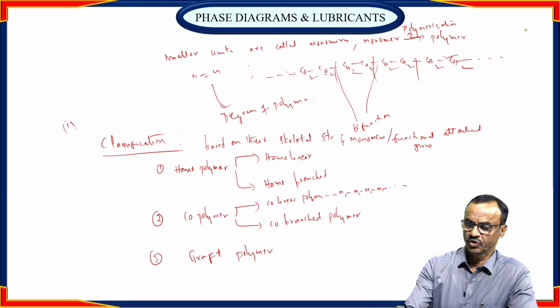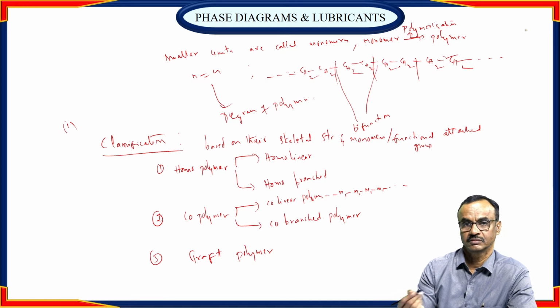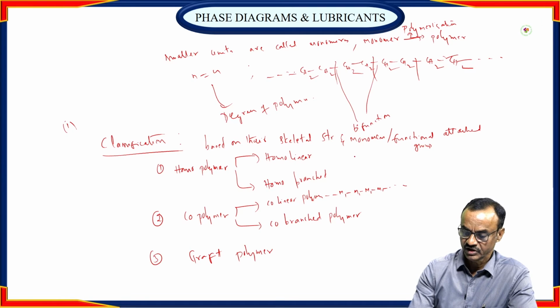So here identical groups are there. This lengthy chain consists of identical monomers, ethylene monomers linked with ethylene monomers. Instead of ethylene, you can write a general formula, M1. This polymeric chain consisting of M1 monomers is straight, linear. Therefore it is called a linear polymer.